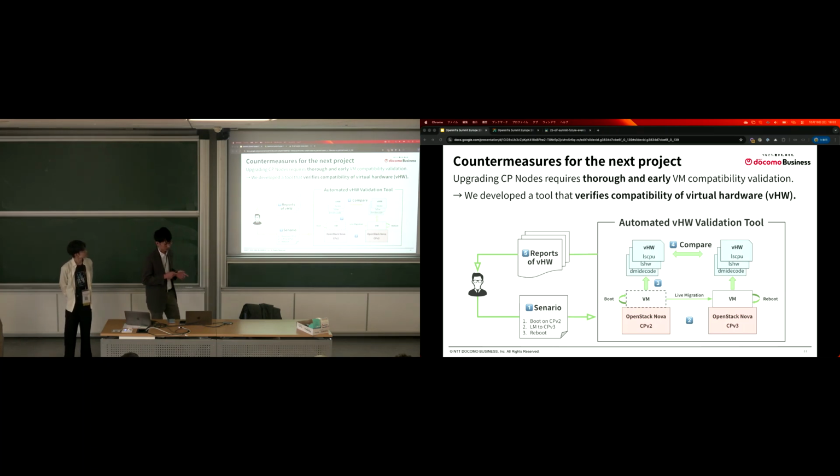This tool, based on the VM operation scenarios we created, retrieves virtual hardware and compares it with the previous step. The final report, like this, details which operations cause changes, and those differences help us detect problems quickly.